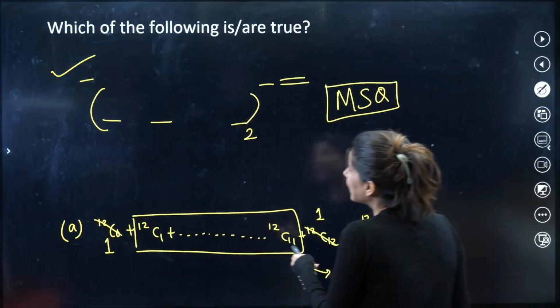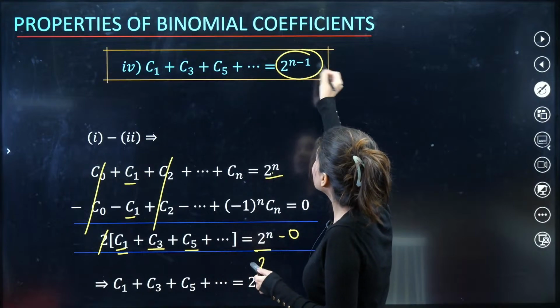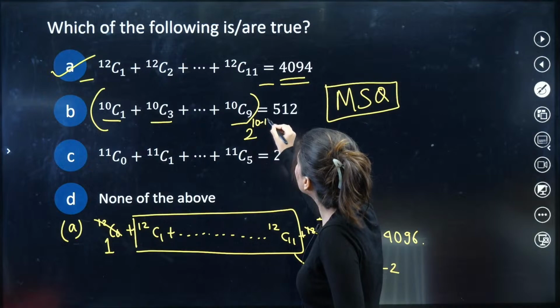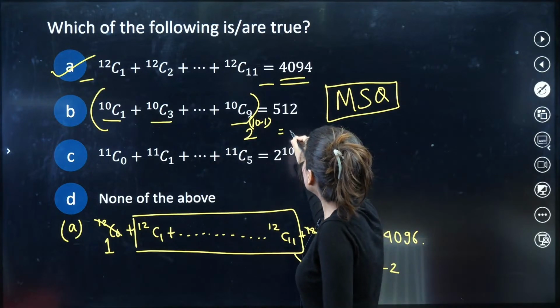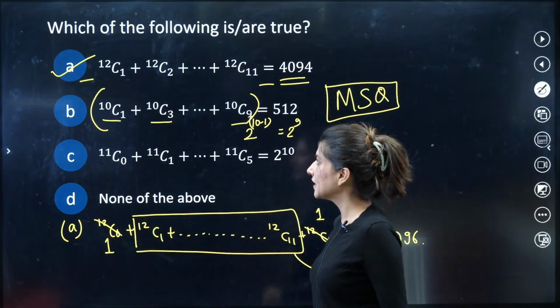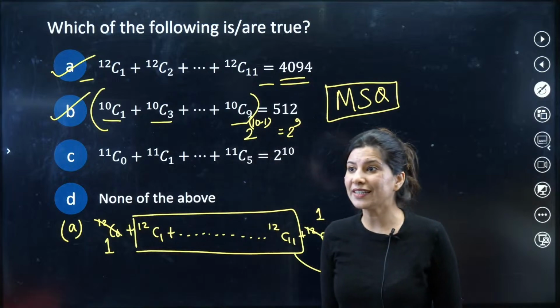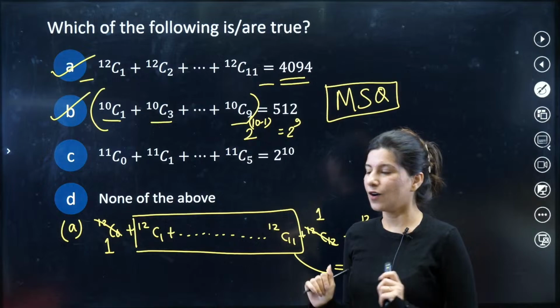Remember which property this is? Just the fourth property, NC1, NC3, NC5. So this is 2 raised to power 10 minus 1, that is 2 raised to power 9. 2 raised to power 9 is definitely 512. So option B is absolutely right. Getting it? Okay.